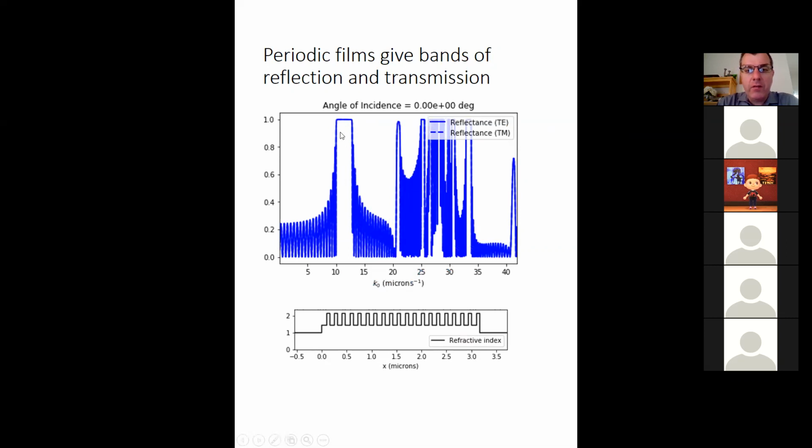And so these bands of nearly perfect reflection are called band gaps. They're gaps between frequency ranges or wavelength ranges where propagation is allowed. Here propagation is allowed, here propagation is allowed, here propagation is allowed, but in between there are band gaps where propagation is not allowed.